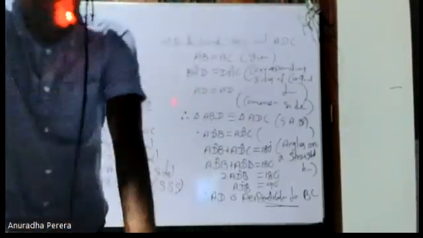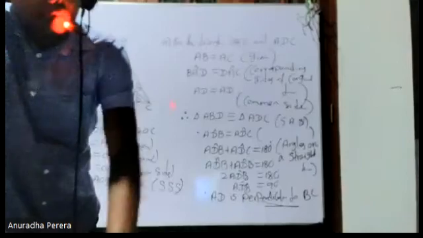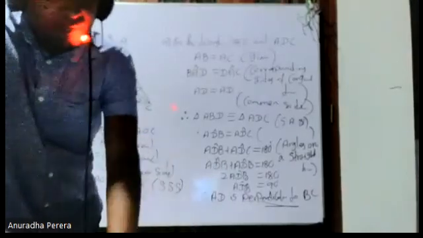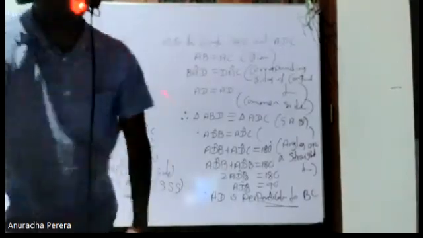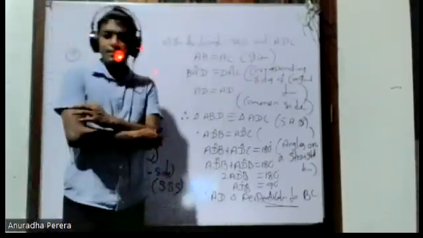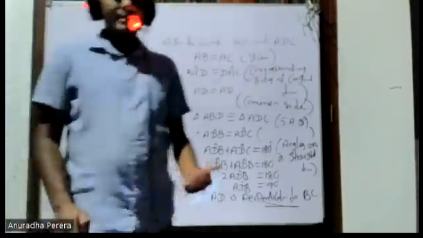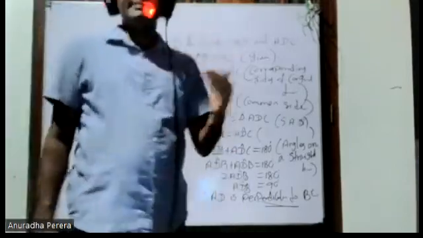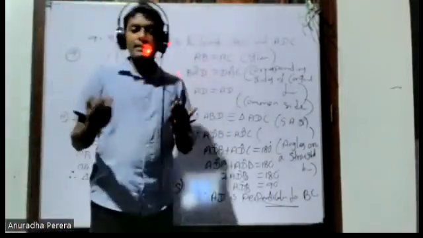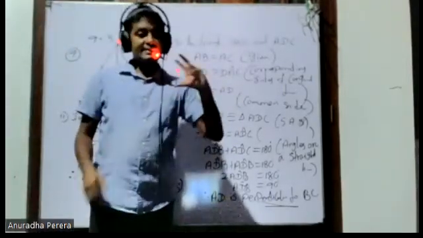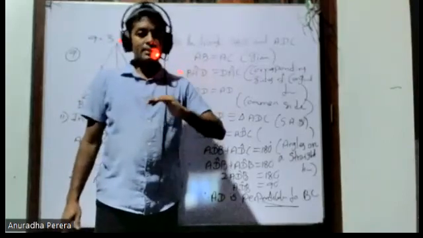Lesson number 10, inverse proportions. What is the meaning of inverse proportion? You know about direct proportion, right? If you consider two quantities, when one quantity increases, the other also increases. Such a relationship is called direct proportion.